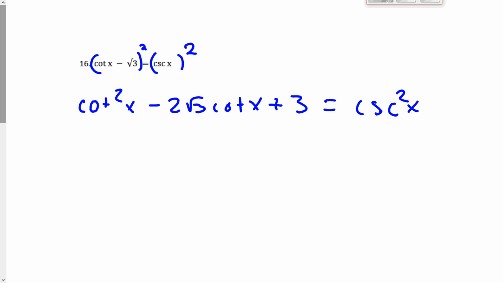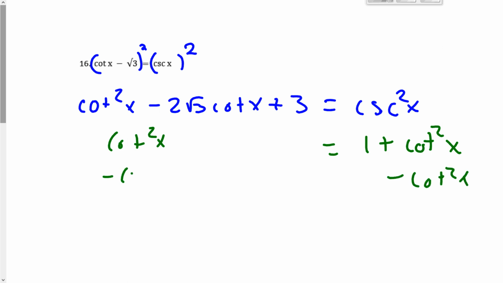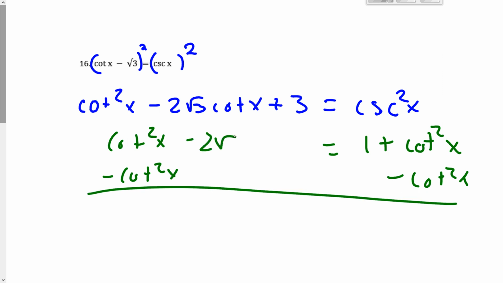Now we can use our trig identities. We can switch cosecant squared x to 1 plus cotangent squared x, right? And then we can go ahead and subtract cotangent squared x from both sides. That means these are going to cancel, right? So those will cancel out. So that means we're going to be left with negative 2 root 3 times cotangent x plus 3 equals 1.